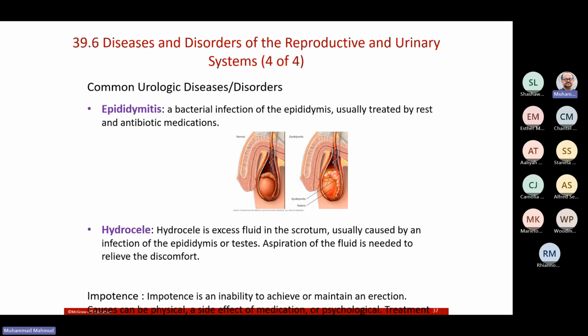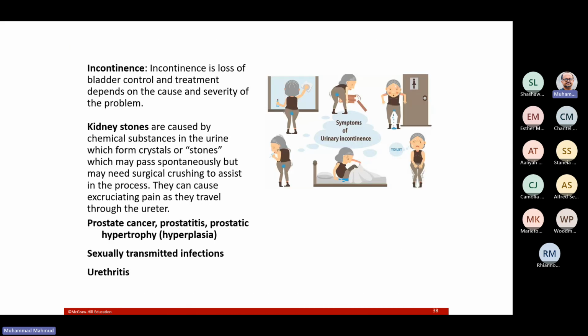Aspiration of the fluid is needed to relieve discomfort. Impotence is an inability to achieve or maintain erection. It can be physical, it can be psychological. We consider the causes for these conditions.